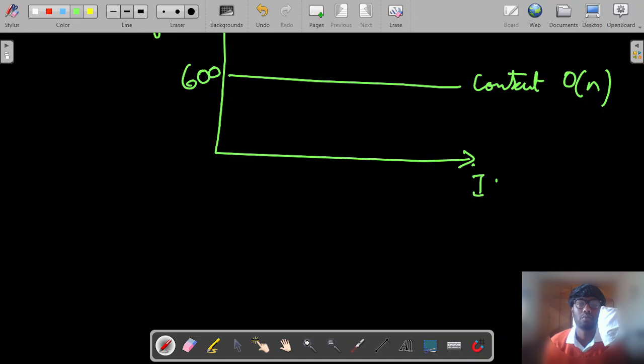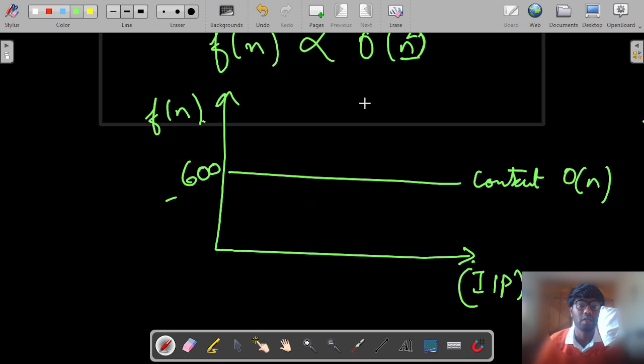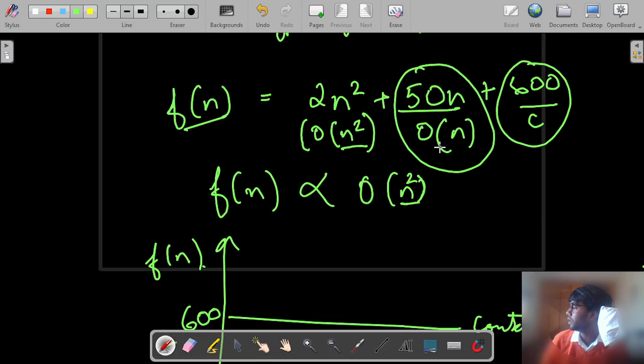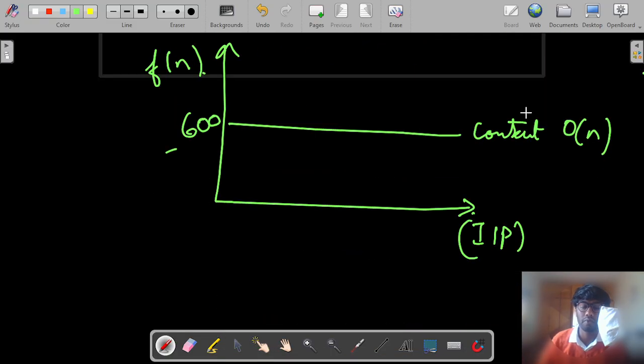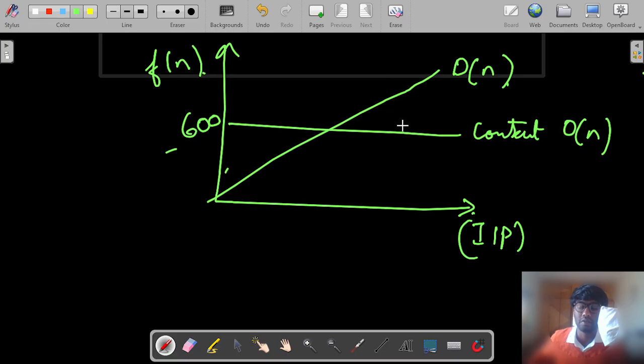No matter how much input we give, the function remains constant. That's what we have. Let's say when we have something like O of n, our graph would be like this, right? This is like O of n. This is linearly increasing. As the input increases, the function also linearly increases.